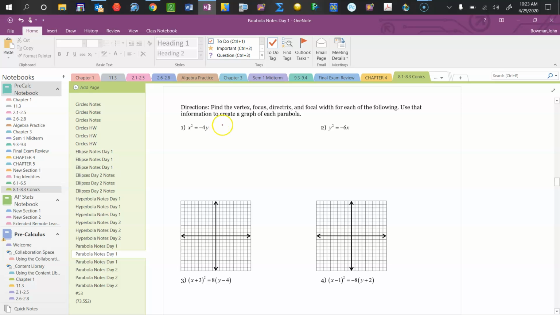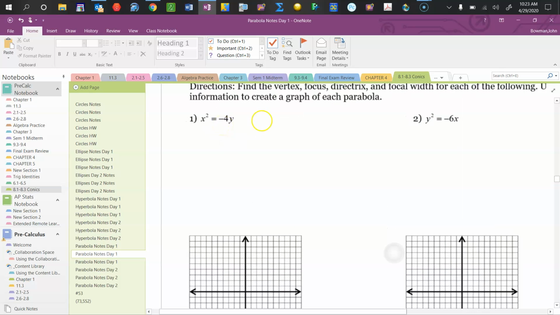What I notice is this: x is squared and p is less than 0, so I know it opens down. The next thing I notice is that h and k are 0, so the vertex has coordinates (0, 0).